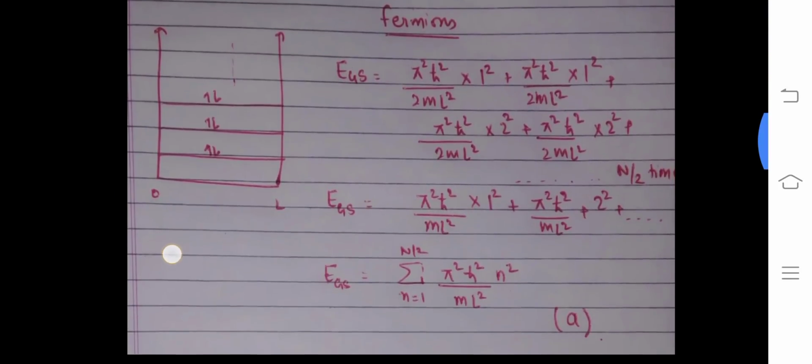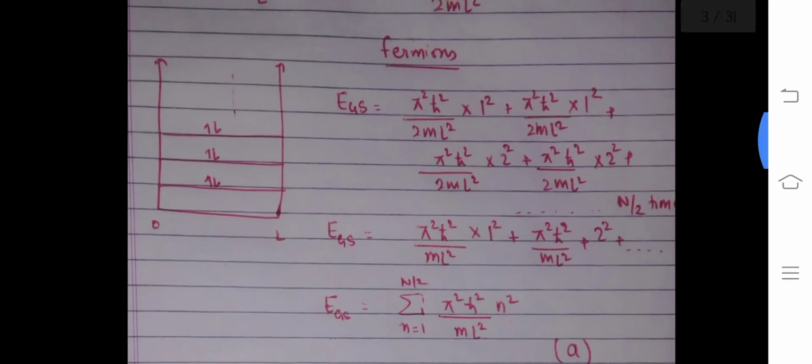But for fermions there is the Pauli exclusion principle, so only two fermions with opposite spin can occupy one level. The energy of the first fermion will be pi square h bar square by 2 m L square into 1 square, as it is in the ground state, and the same for the other fermion.